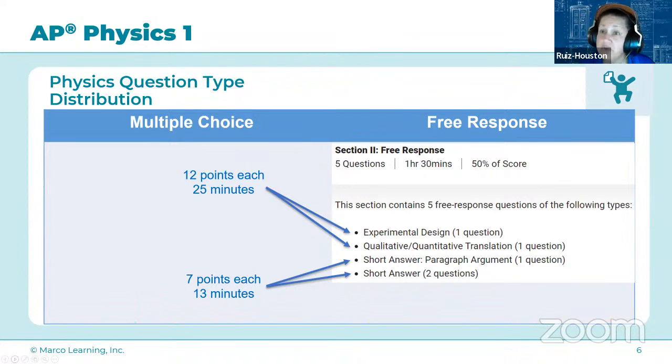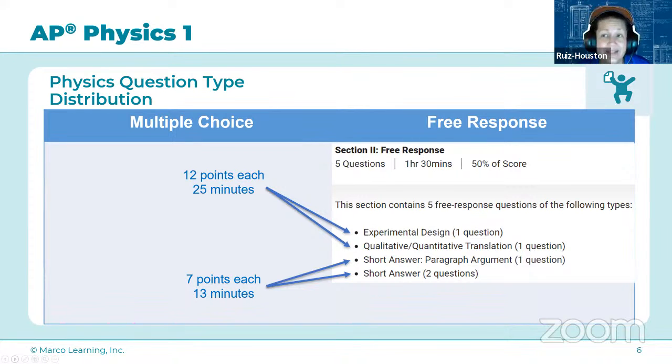Now, one of those points is whether or not you're clear, whether or not you're going back on your own word, whether or not you're making it in a way that a person can follow you. So as long as your paragraph is consistent and concise and you're using physics, most likely you're going to get that point. So try to make sure that you're making logical sense.